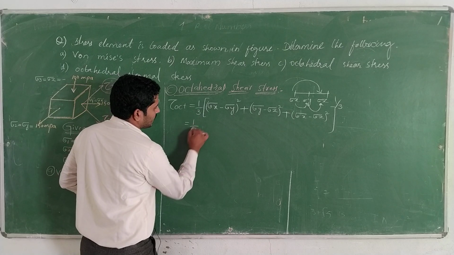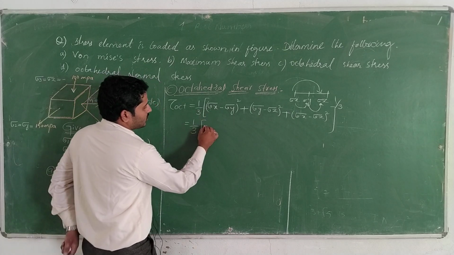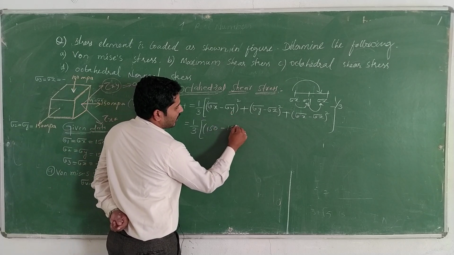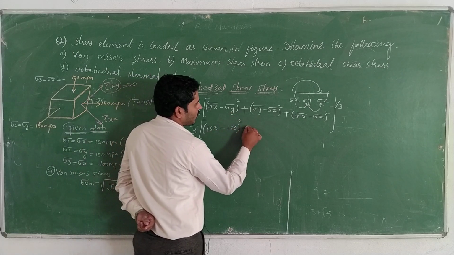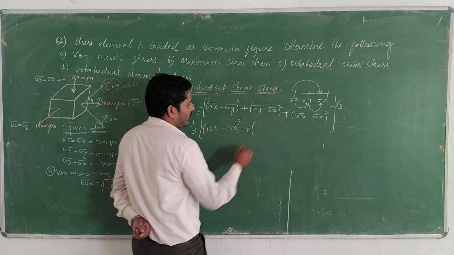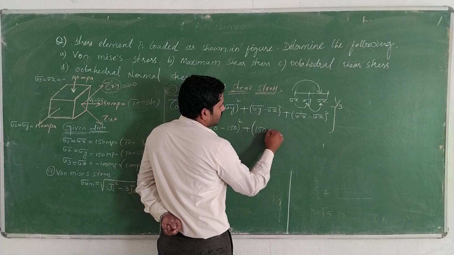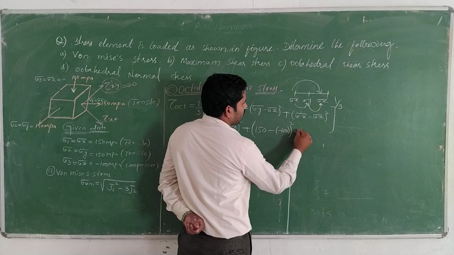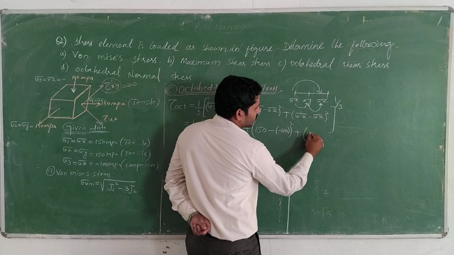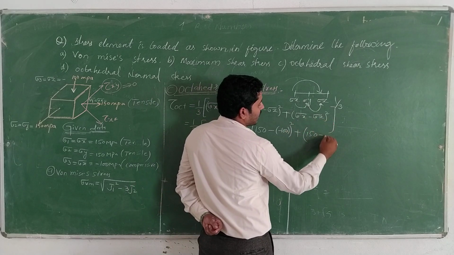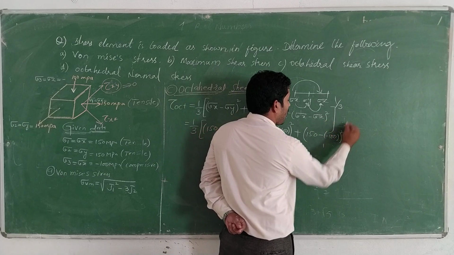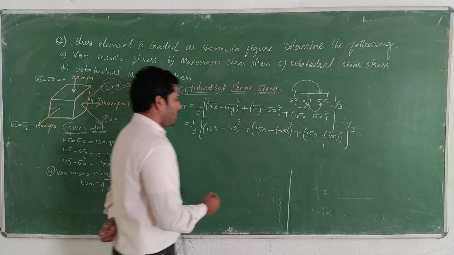1/3 as it is. Sigma x value is 150 minus sigma y value is again 150 whole square, plus sigma y value is 150, sigma z value is minus 100 whole square, plus sigma x value is 150, sigma z value is minus 100 whole square, power of 1/3.